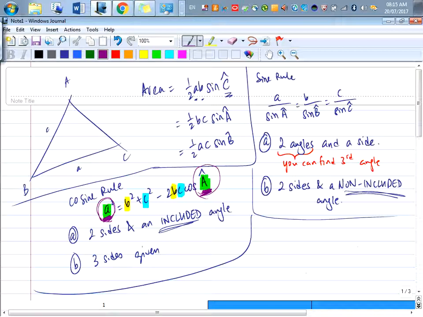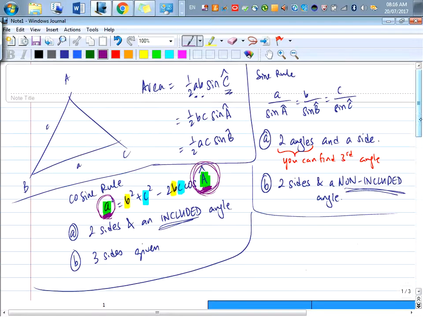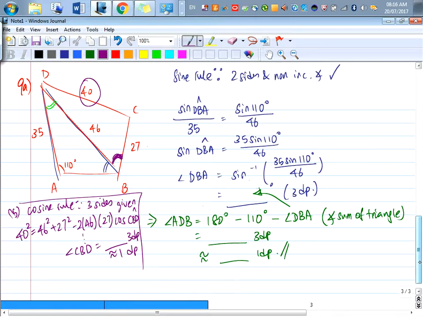And in my example, angle A is the angle I'm using. So I have to start off my equation with a squared, which is opposite the angle. That is how this cosine rule works. You will see if you try to derive it yourself. You can derive it based on area of triangle also. So that's how I know I must start with 40 square.